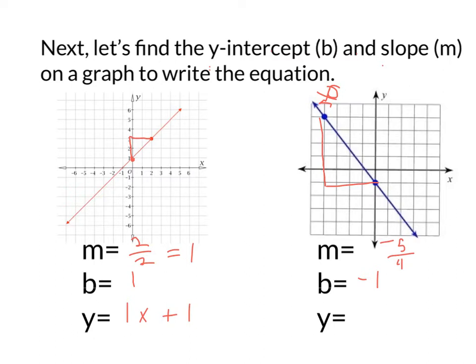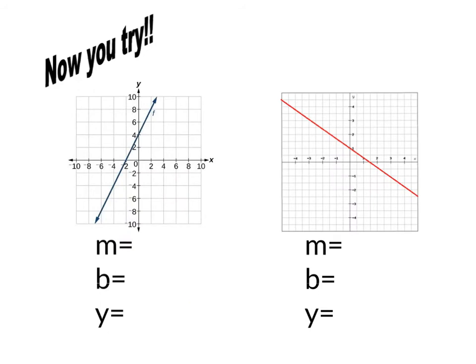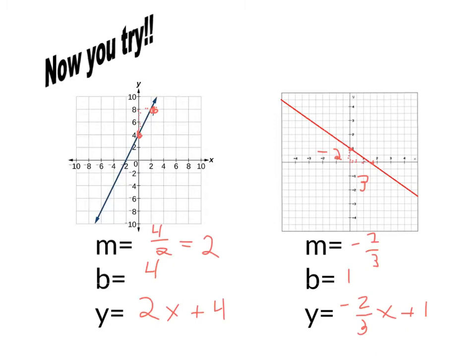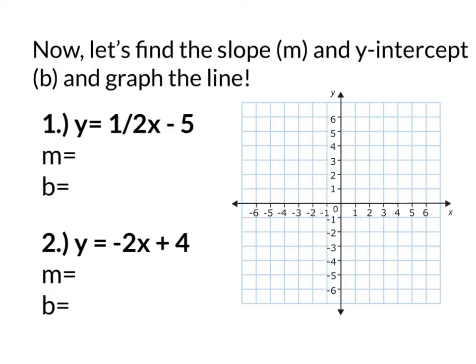So now it's easy to write the equation. Y equals negative 5 over 4x minus 1. Boom. Now you give it a try. Pause the video and check out these examples. How'd it go? Y equals 2x plus 4. We had to notice that.